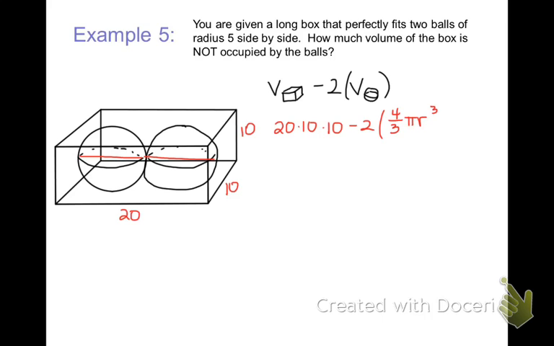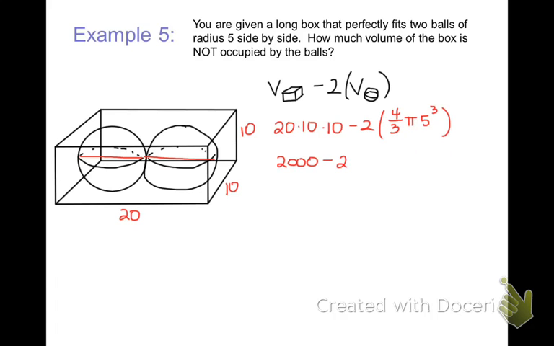Since I'm giving you the formulas, the biggest thing is, are you choosing the correct formula to use? Now, instead of putting in r, I can put in 5, right? All right, so what is 20 times 10 times 10? 2,000. 2,000.